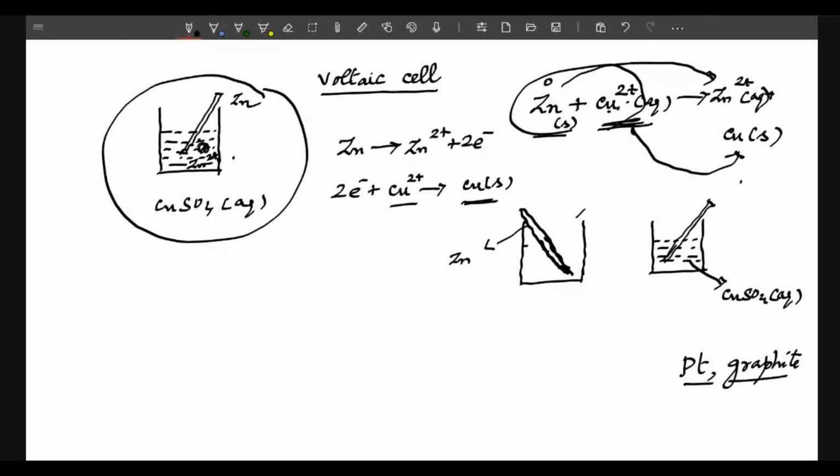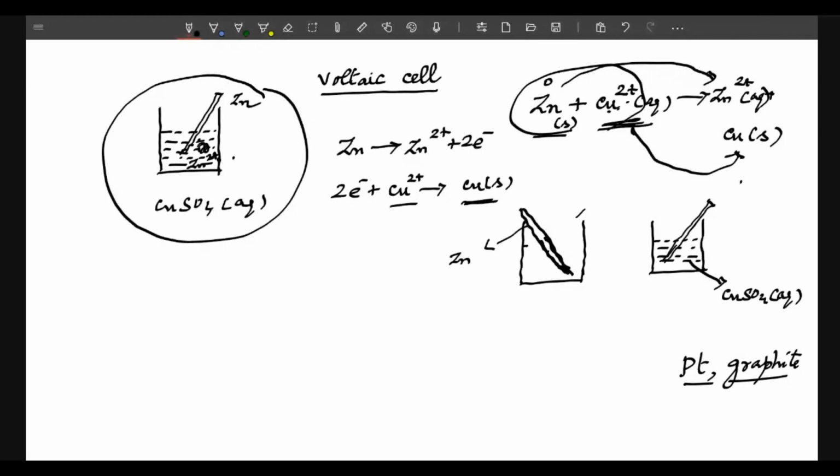For example, H+ ion. Here hydrogen should be passed, and hydrogen is not present in a solid state. No solid electrode is available. In such cases, whenever you pass gases, you should use platinum as the electrode. If it is iodine, here a solid is there, but it is a non-conductor, because for electrons to be conducted, metal solids are able to conduct the electron.